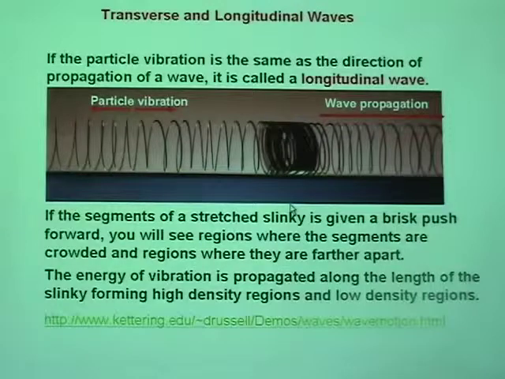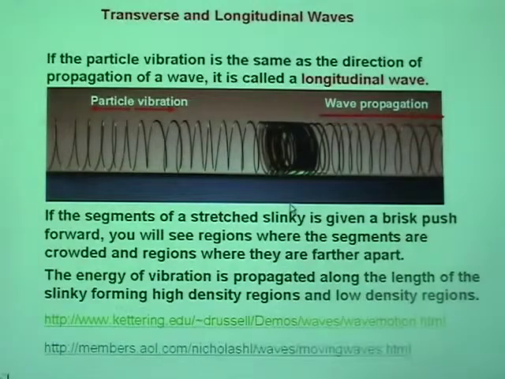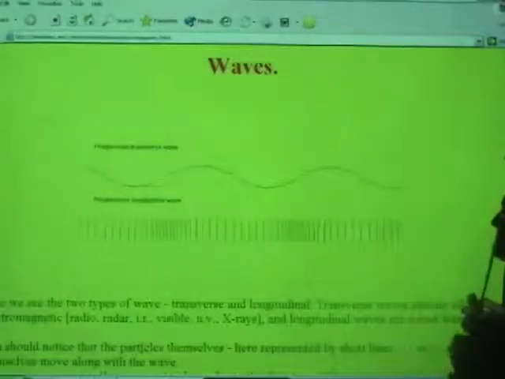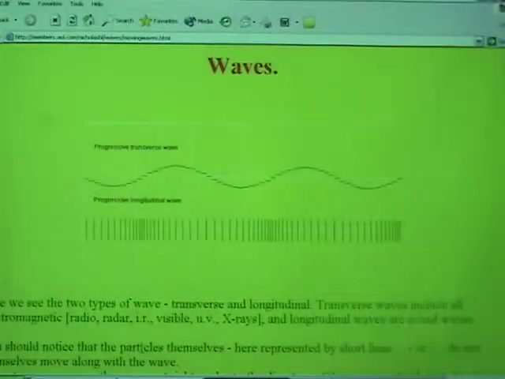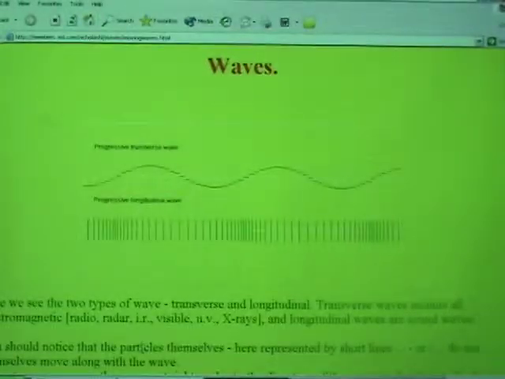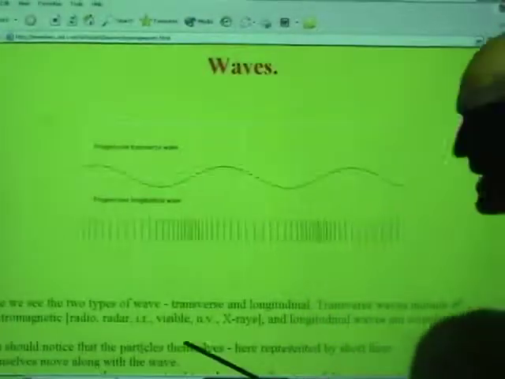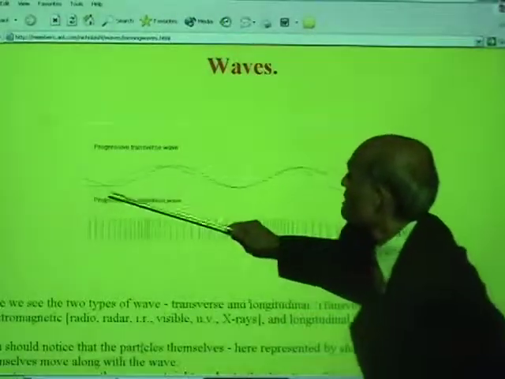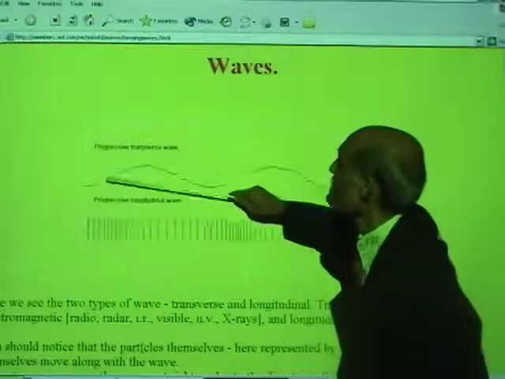Alright, let me see if I can show you another illustration and how we can distinguish between a longitudinal wave and a transverse wave. Now, in this demonstration, we have the transverse wave.